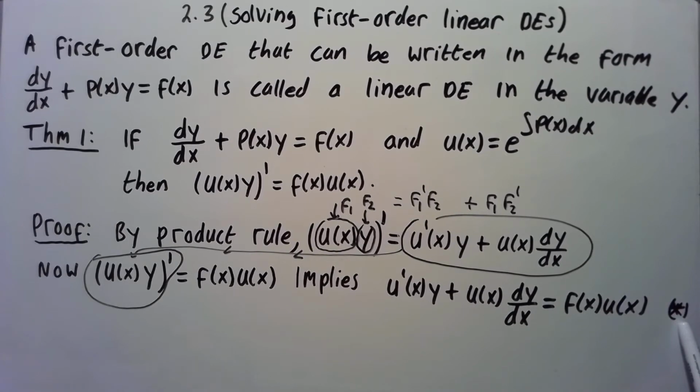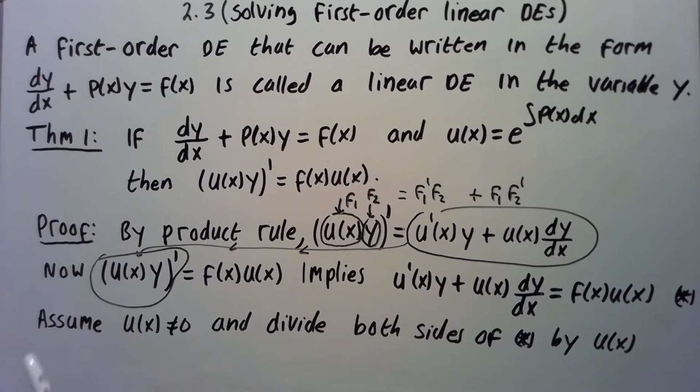Now we're going to assume for the time being that u isn't 0, and then we're going to divide everything by u. So we're going to divide both sides of star by u of x, so divide u here, here, and here. So let's do that.